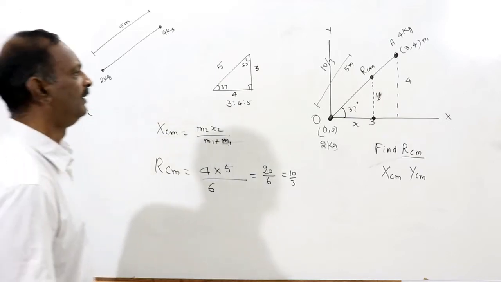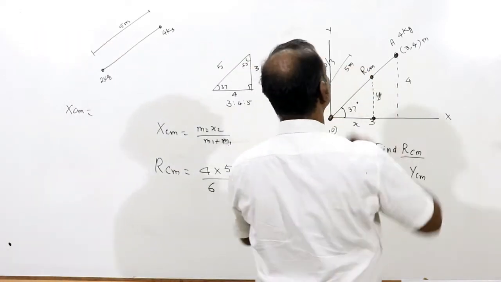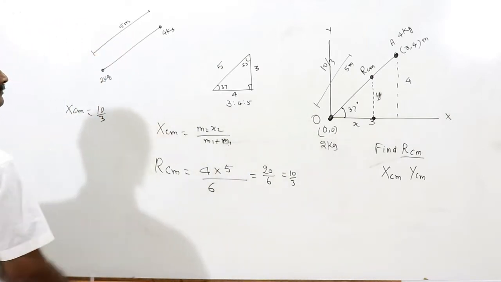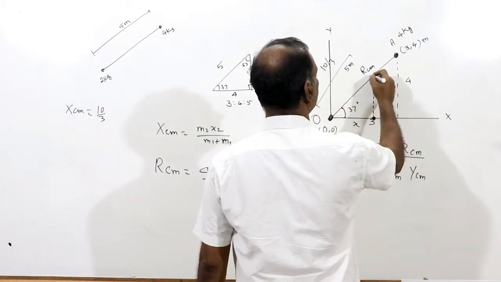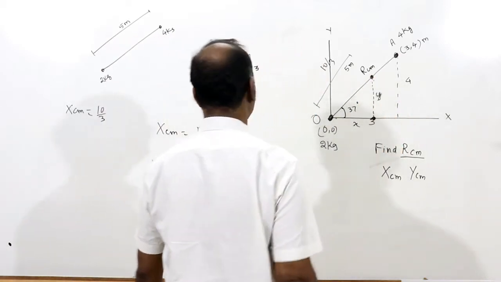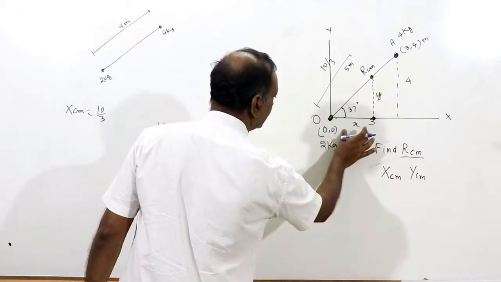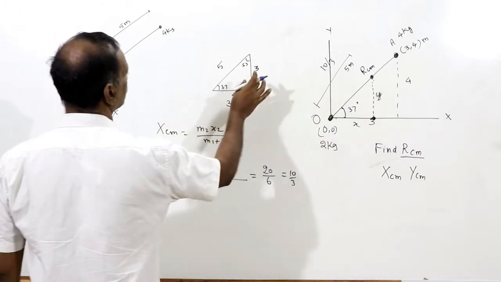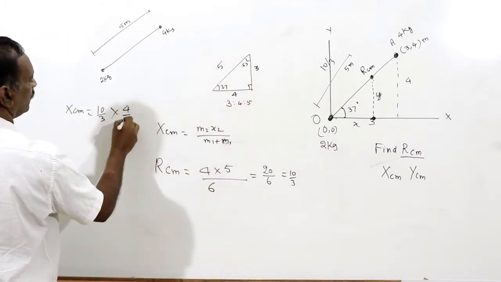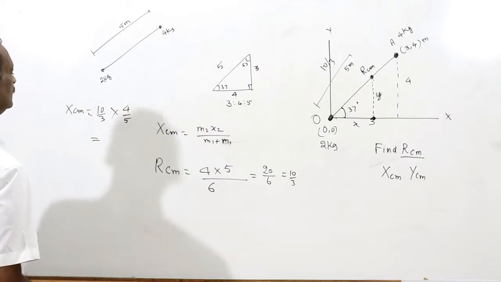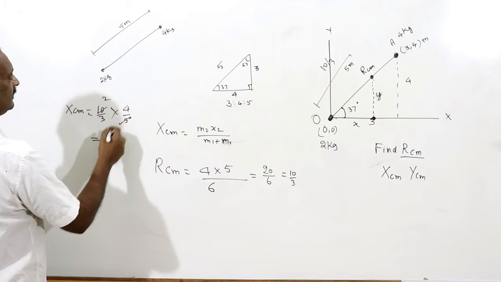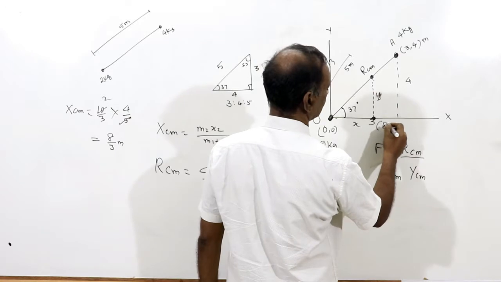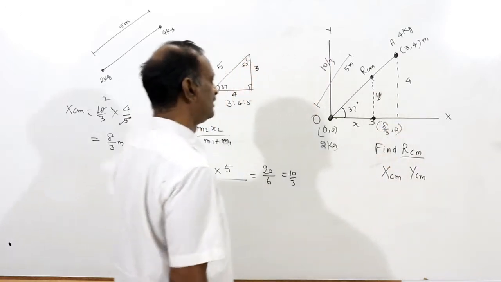XCM is equal to what? The hypotenuse is 10 by 3, because here is the COM, RCM. This is XCM, this is YCM. 10 by 3 is the hypotenuse, and this is related with cos of 37, which is 4 by 5, so it equals 8 by 3 meter.